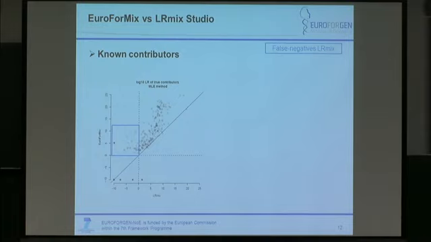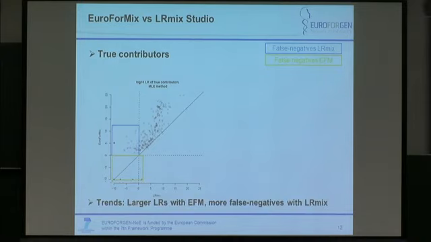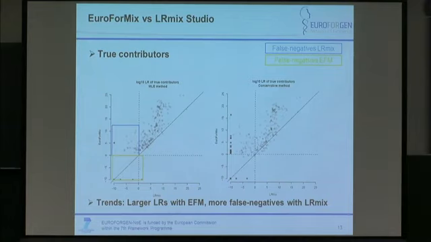Those are the false negatives that we observed with LRmix, and fewer false negatives were observed with EFM. So the trend is that the larger likelihood ratios with EFM occur, and there are more false negatives with LRmix that you can see here.